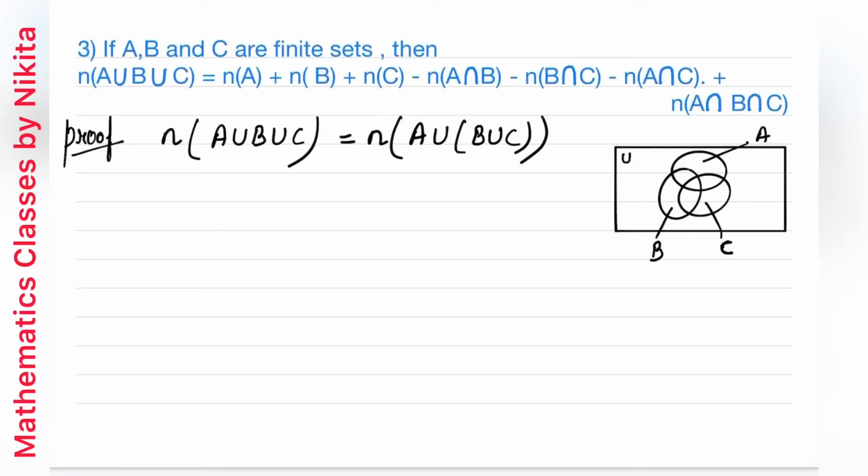You can also take A union B in bracket. So you don't have to cram anything, because this operation of union is associative. So we are just applying associativity. Now what I can do is, see, this is my one set and this can be considered as a whole another set. So now I can apply formula 2 here. I have two sets and I have to find the number of elements in their union.